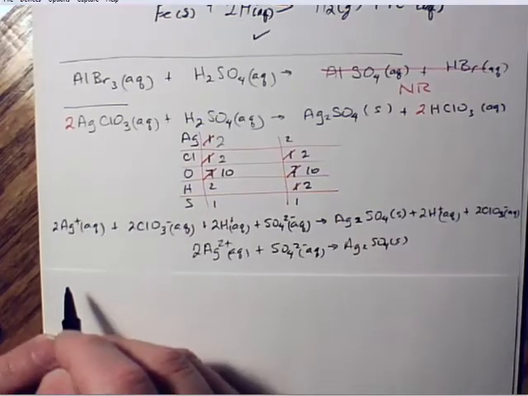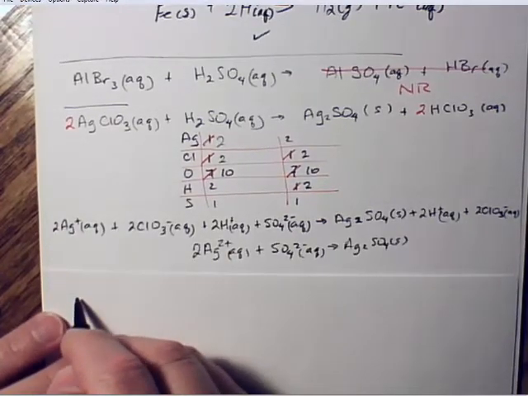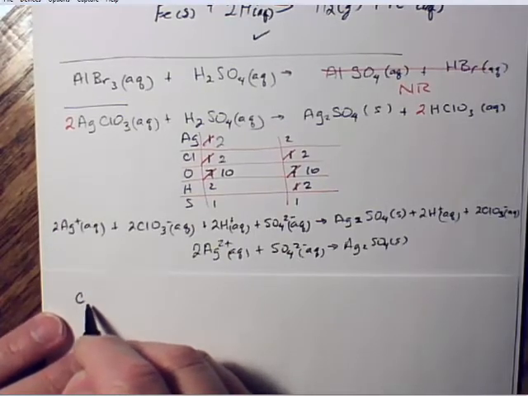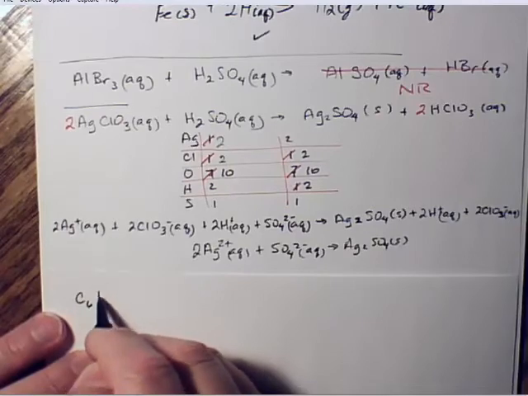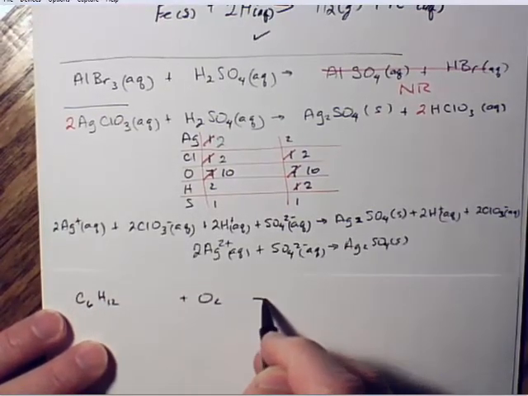All right. Now I want to make sure one thing is really clear that I'm not sure I made as clear as I'd like to. We said that if you have combustion reactions, you're always going to be starting with a hydrocarbon, and we're going to have oxygen. Okay?